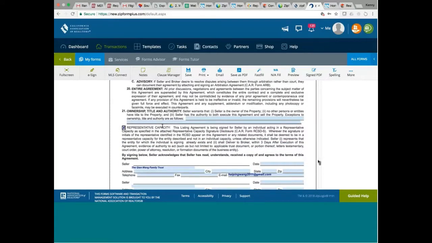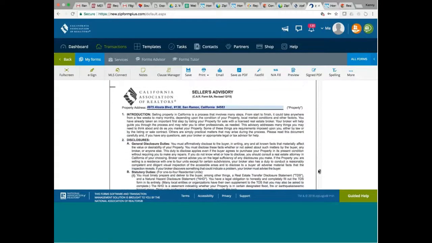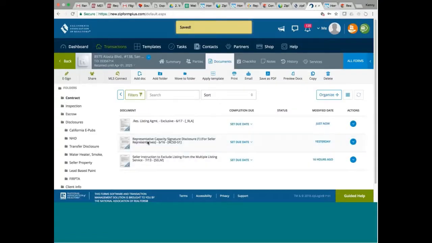And because we involve a trust, this box should be checked for representative capacity. And the rest are just standard forms. You just go and fill it out, okay? So we're finished with this form. We did the representative capacity signature disclosure last week, so we're not going to do it again.